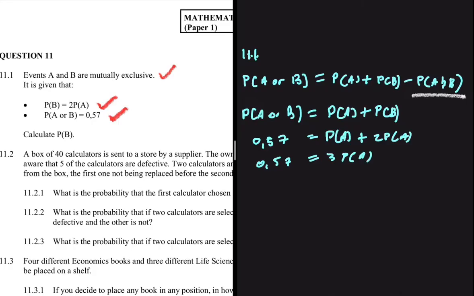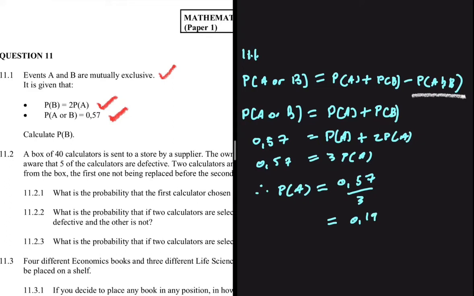So now it's just a matter of dividing both sides by 3. If we do that, we're going to get the probability of A being equal to 0.57 divided by 3, which is equal to 0.19.